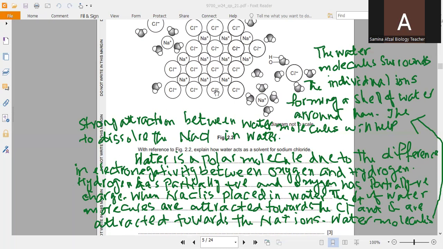Because the strong attraction between the water molecules and the ions overcomes the electrostatic forces which are holding the sodium chloride together in the crystal lattice. So this breakdown of the crystal lattice will take place, and as a result the sodium chloride begins to break down and will be completely dissolved into the water.